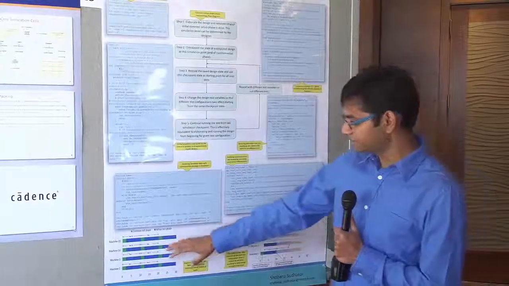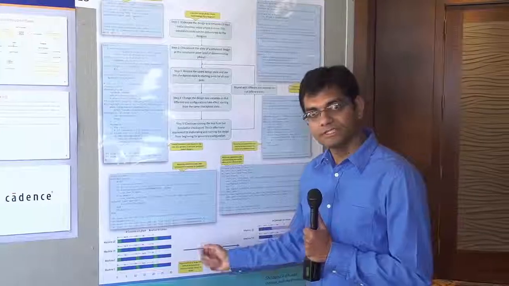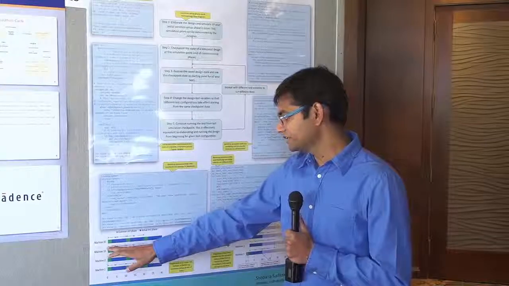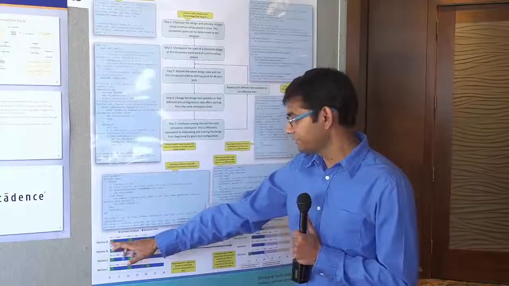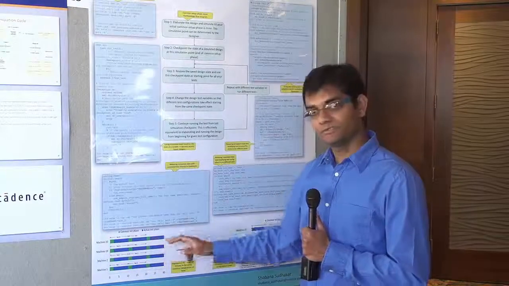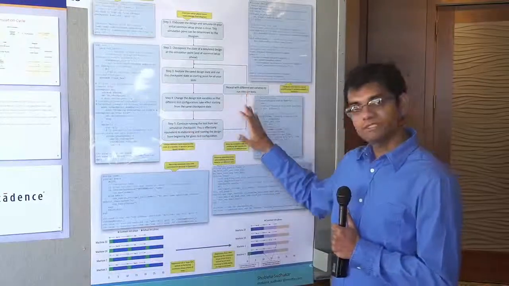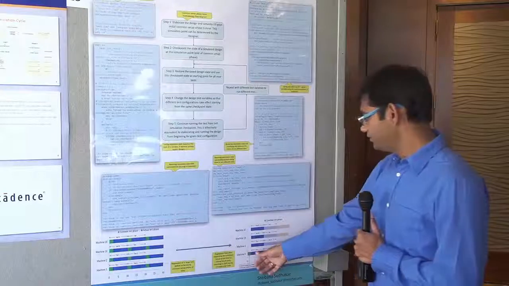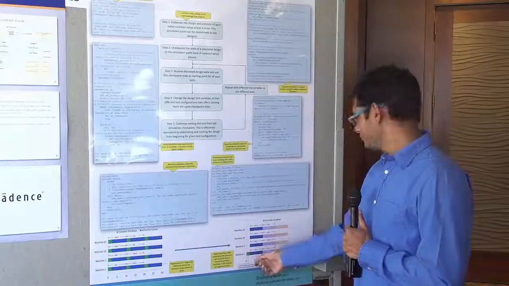Here is an example at the bottom that we have taken from an actual user's real design. Say you have 1,000 tests running in parallel on a grid, and each test spends about 20% of its time in a common initial phase, which you repeat for each test over and over again. If you use this methodology, you do that only once, checkpoint it, and then restart all your tests from the checkpointed state.